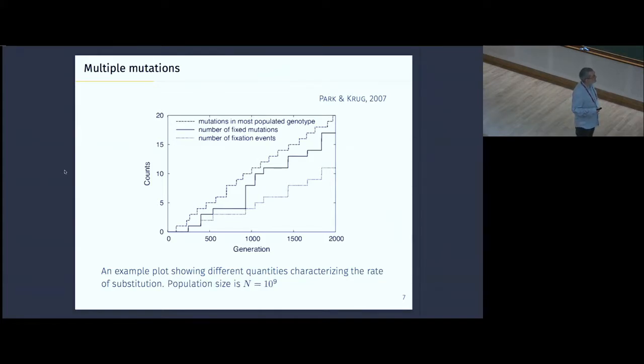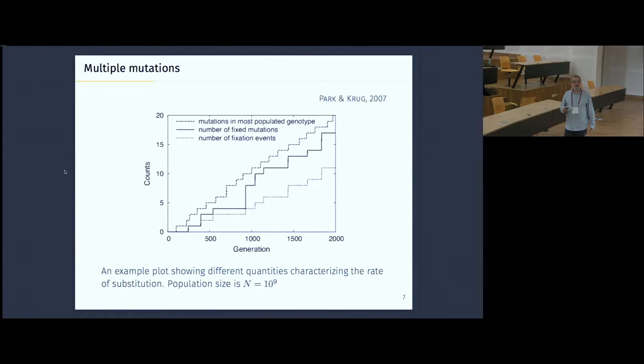This is the number of fixed mutations, and what you see is that it's more irregular. You have these jumps, and these jumps correspond to the fixation of several alleles, several variants in one go. And this is the number of fixation events, and there is some irregularity here and there. There is a mention in the paper that these are really two steps, but they are very close one to another.